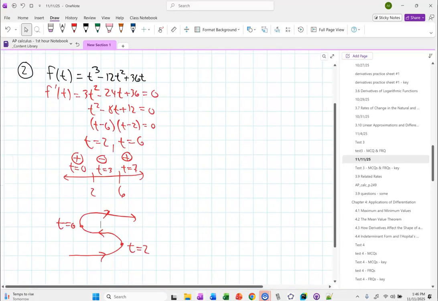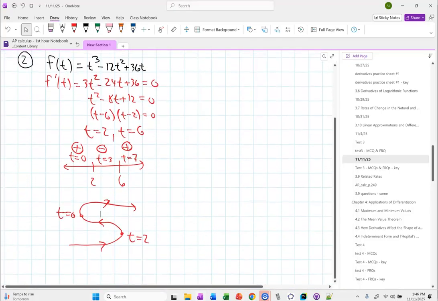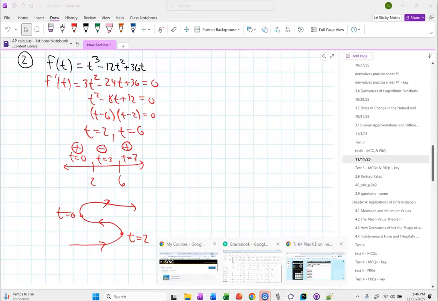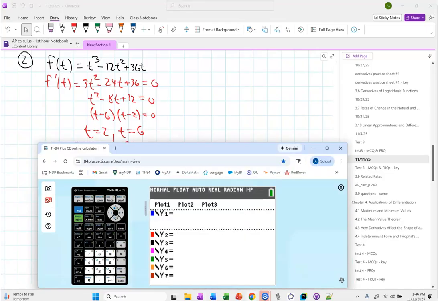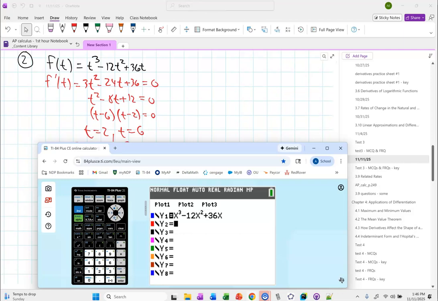To do that, I would just use my calculator. I'm going to enter x cubed minus 12x squared plus 36x. That's position. And then I'm going to graph the derivative of that.